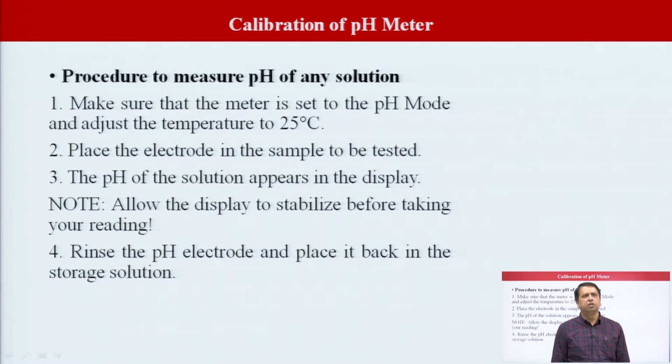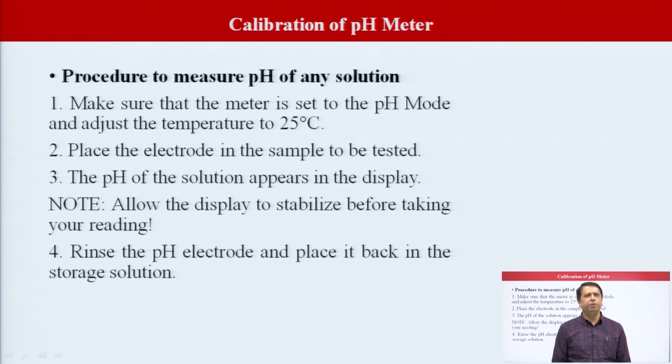Second thing, place the electrode in the sample to be tested. So, we have to place the electrode that we have just seen in the last two slides, dipped into the sample of the solution.